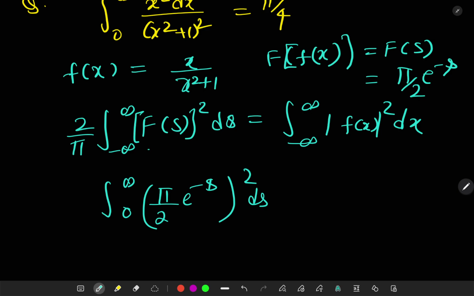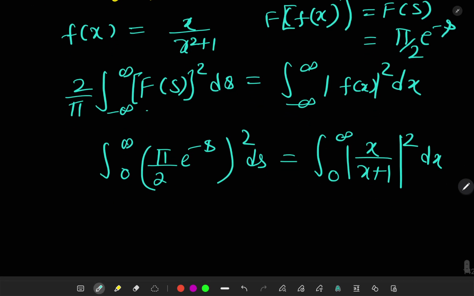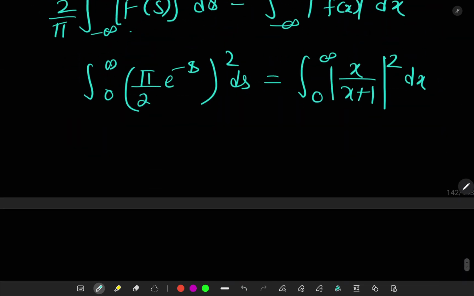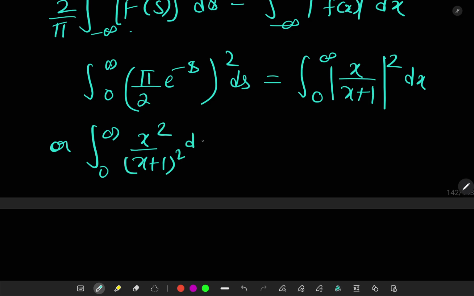Here in this we use the Fourier sine integral. Or we can write integral 0 to infinity x divided by x square plus 1, whole square, dx.